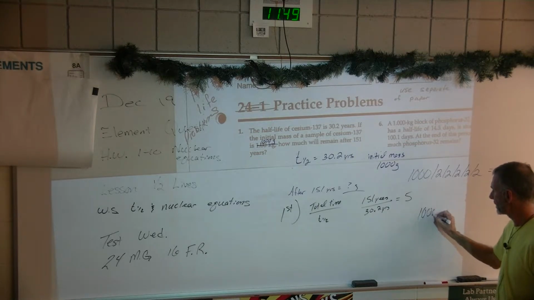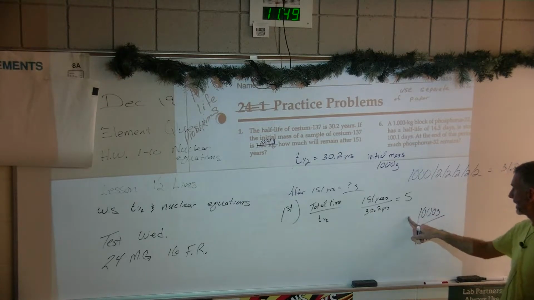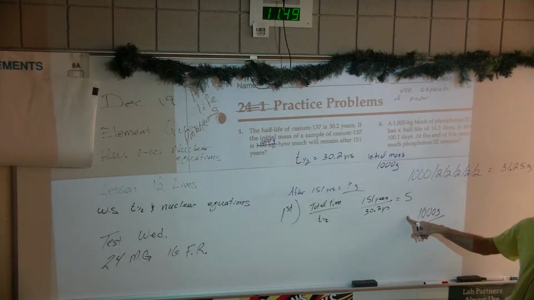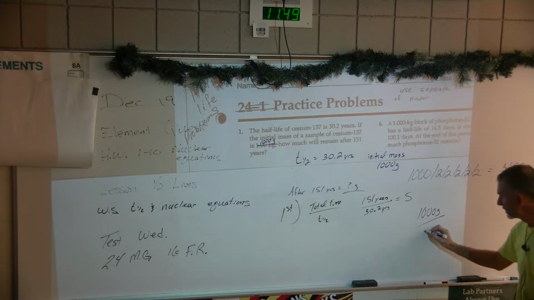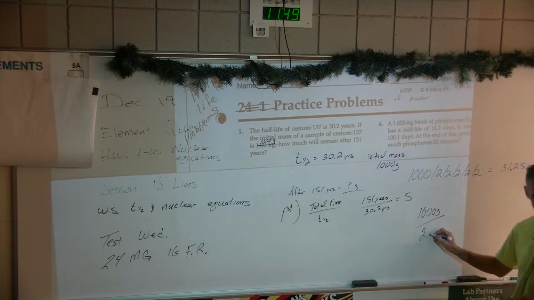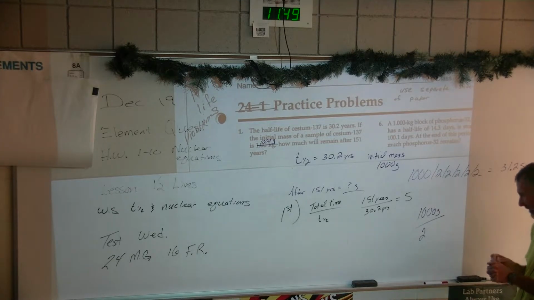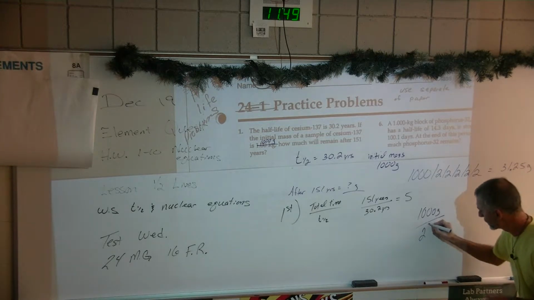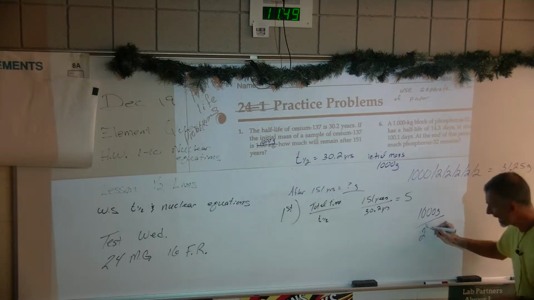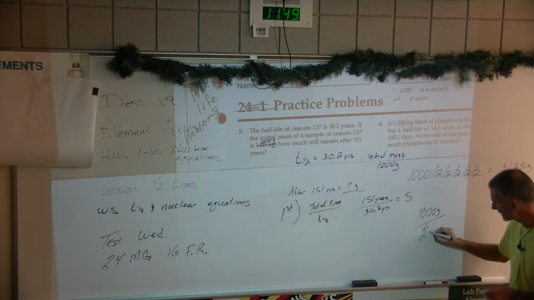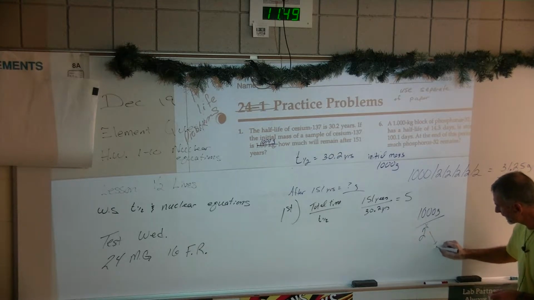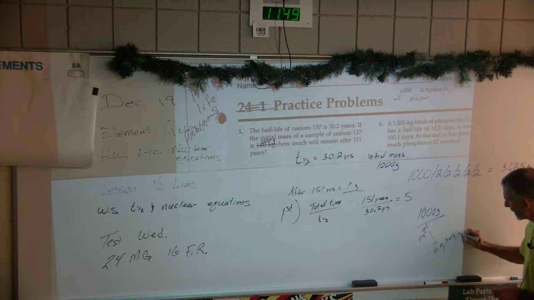I'm going to put 1,000 grams on top, so my beginning mass goes on top. And then I'm going to divide by 2, because that's my half-life, and then to the exponent x, and that exponent is the number of half-lives.